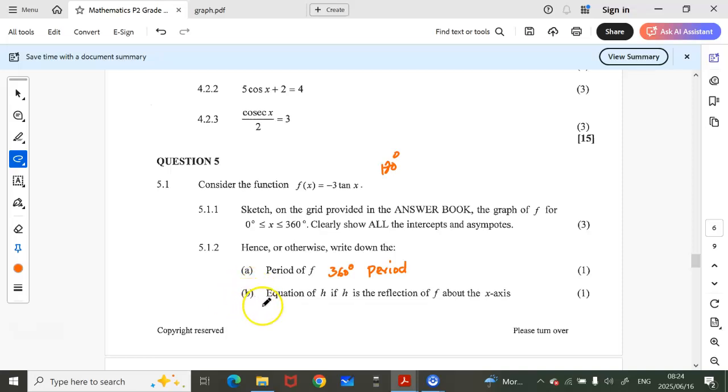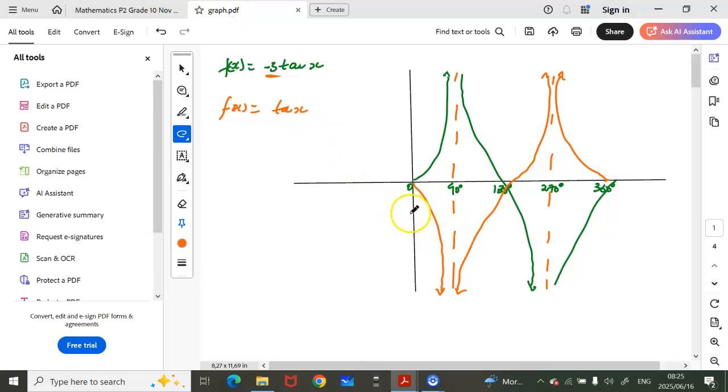Now B says write down the equation of h, if h is a reflection of f about the x-axis. So now they are reflecting this orange graph about the x-axis, meaning the x-axis is working as a mirror.